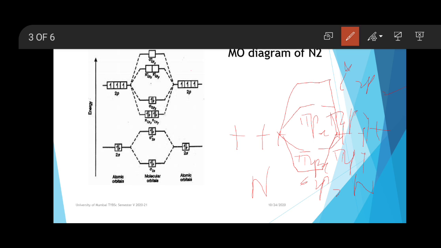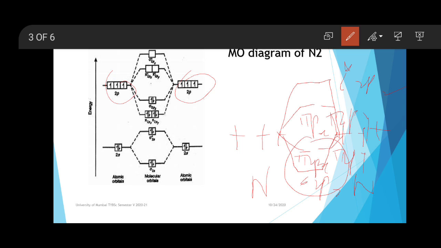There are a total of 6 electrons in the 2p orbitals of the 2 nitrogen atoms, and all 6 electrons fill into the bonding molecular orbitals only. Why? Because bonding molecular orbitals have lower energy compared to anti-bonding molecular orbitals. Everybody understood?